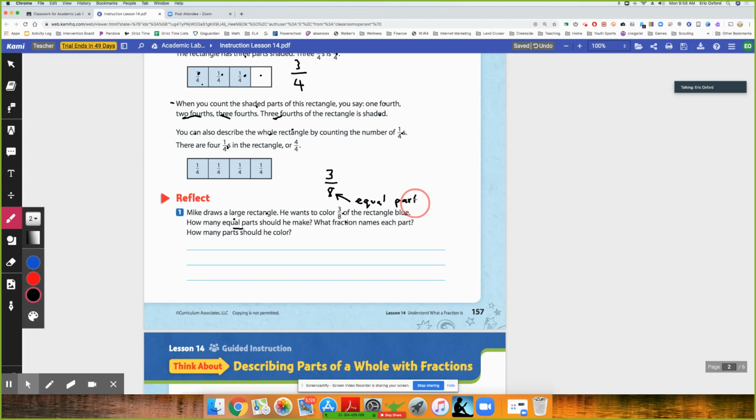Okay, so if I were to draw a rectangle, and bear with me, it's obvious I'm just getting started on this. Okay, so I'm gonna draw a rectangle. There's 8 equal parts. Whoops. Okay, so there's 8 equal parts now.